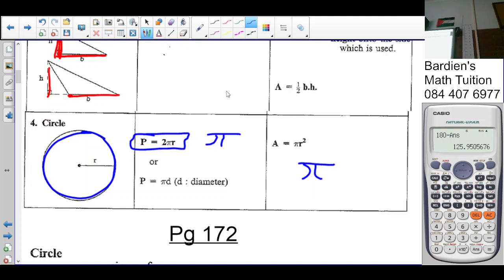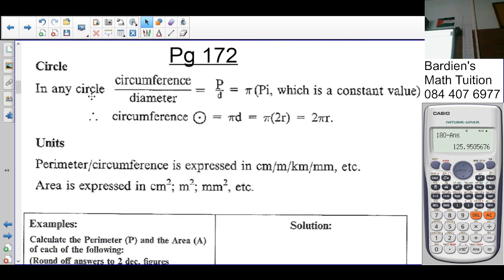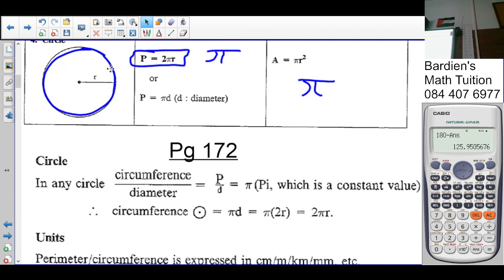Now you ask, where does pi fit in? In any circle, the circumference, which is the perimeter on the outside, divided by the diameter, which is that line going from there to there. You guys know what the diameter is, no?